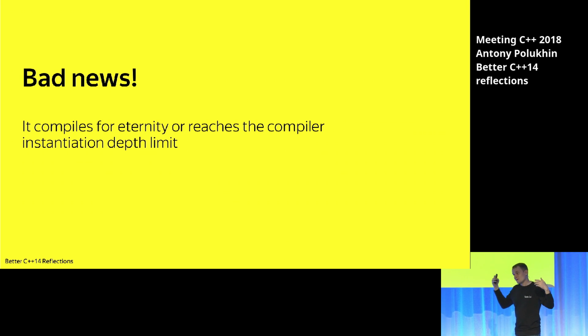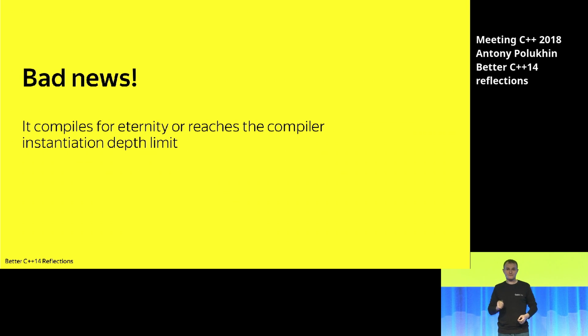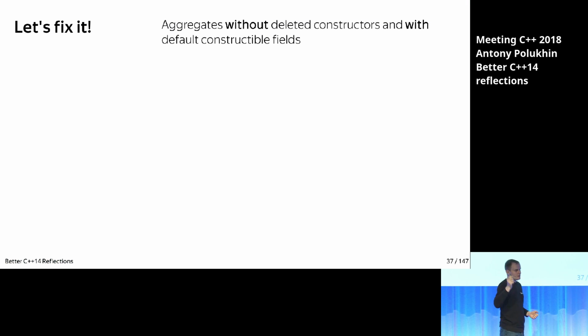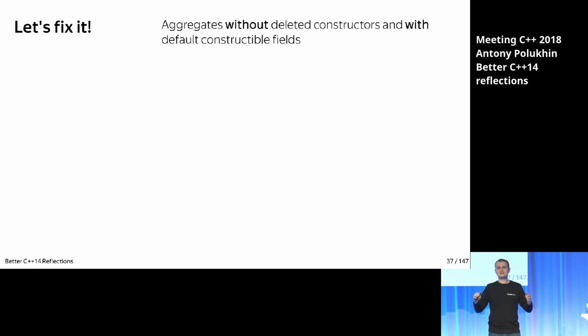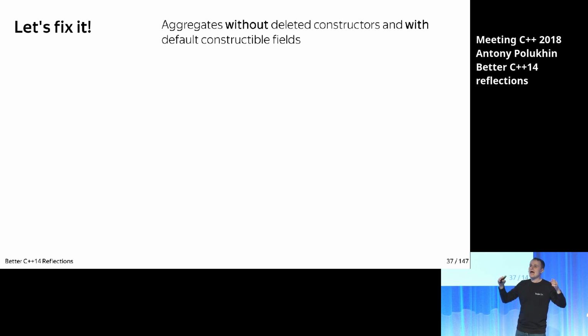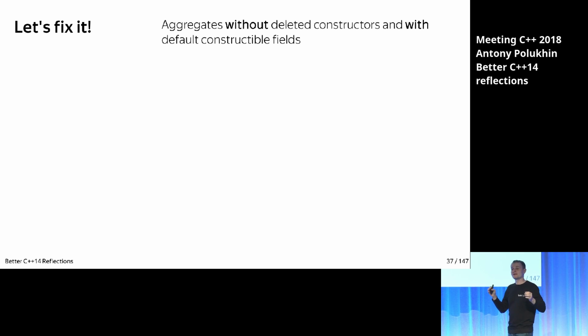So this naive approach works, it compiles, but takes a lot of time. We have to make it faster. We have to make it better. Let's take care of simple cases. Cases where we're working with aggregates, and each field in that aggregate is default constructible.